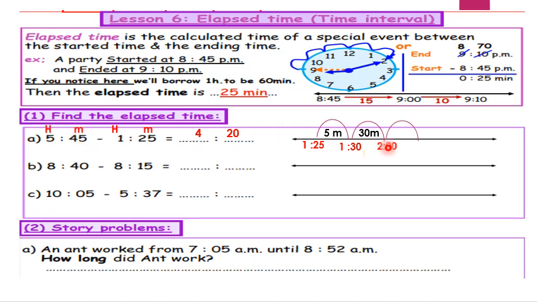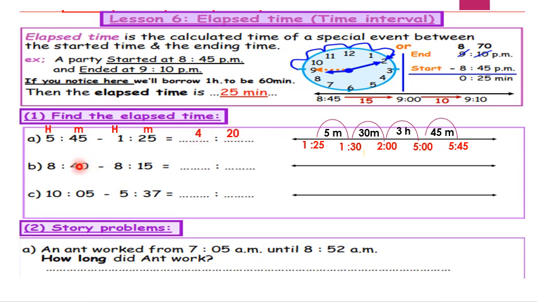So from 2 o'clock to 5 o'clock I have 3 hours, but I want 5:45, not 5. So from 5 to 5:45 is what? It is 45 minutes. If you add 5 minutes plus 30 minutes plus 3 hours plus 45 minutes, you will get 4 hours and 20 minutes.